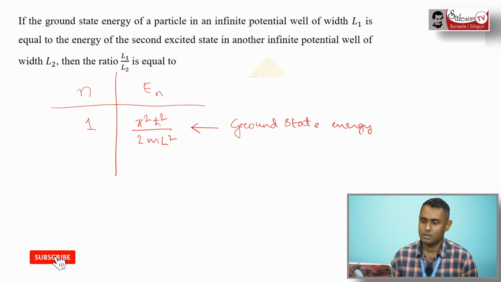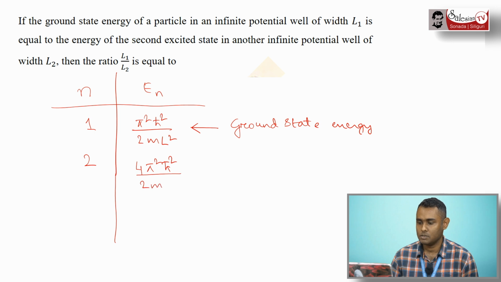The next highest value of n, which is 2, will give us 4 pi square h cross square by 2m L square, and this will correspond to the energy of the first excited state.